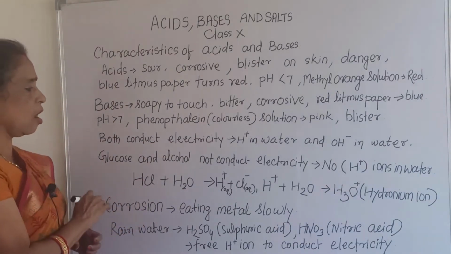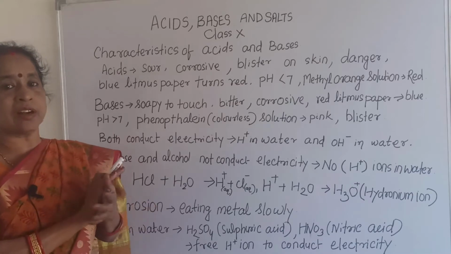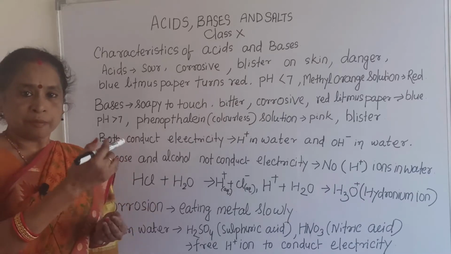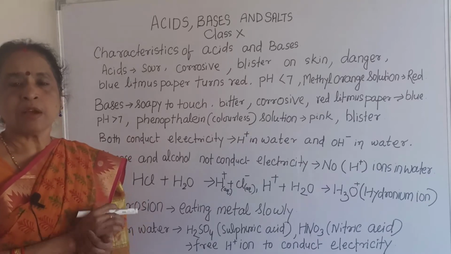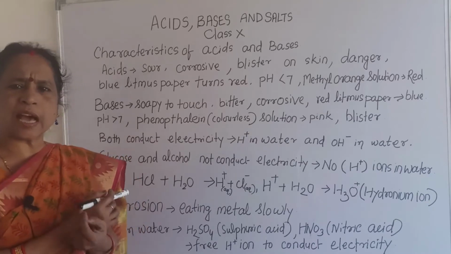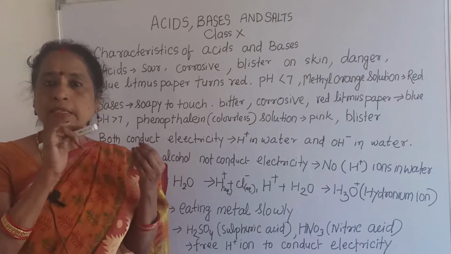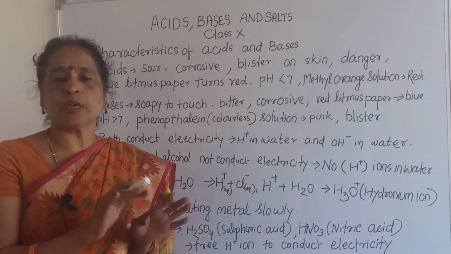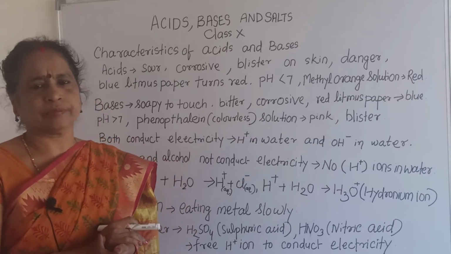Glucose and alcohol do not conduct electricity. We know HCl can conduct electricity in water, and base potassium hydroxide in water can conduct electricity, but why not glucose and alcohol? Glucose, in the presence of water, never produces H plus ion or any free ion in water.